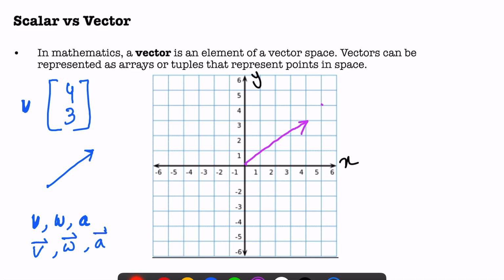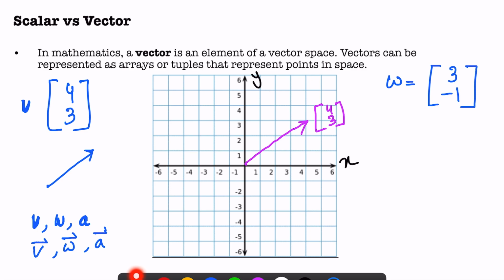So this is the vector 4, 3. So we are starting from the origin 0, 0 and going till that point 4, 3. Let's say one more vector W, that is 3, minus 1, right?